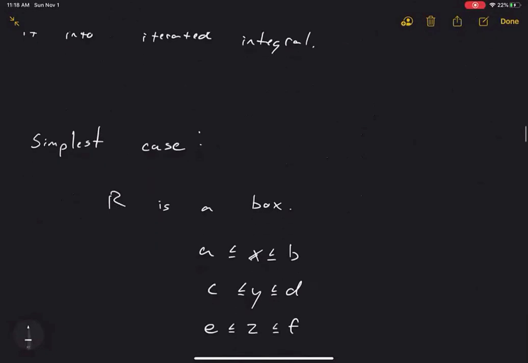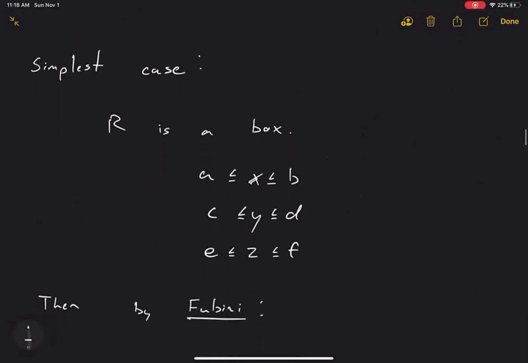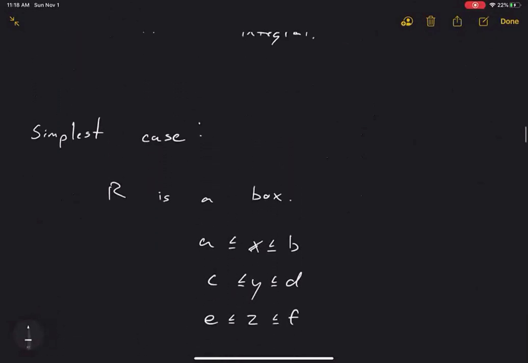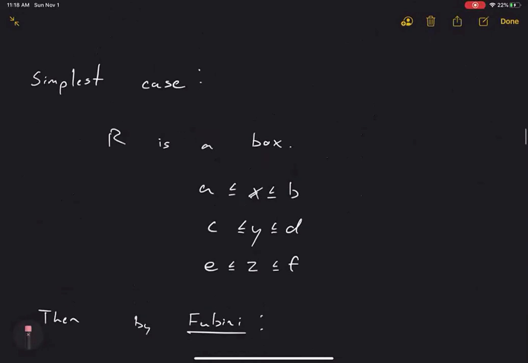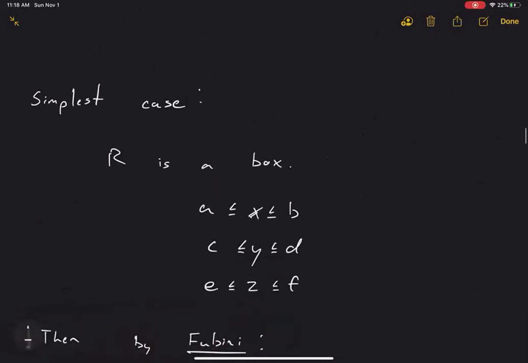The simplest case is going to be when that region is just a box, our three-dimensional rectangle. So x is given by this condition: x is between A and B, y is between C and D, and z is between E and F. So the region I'm integrating on in this simplest case is just a box. I have my three-dimensional domain.